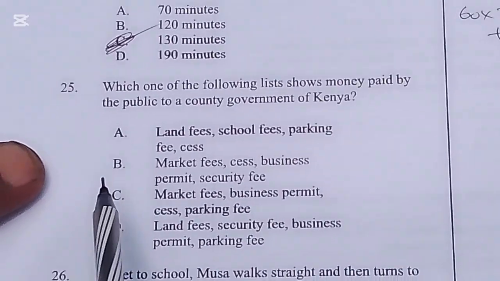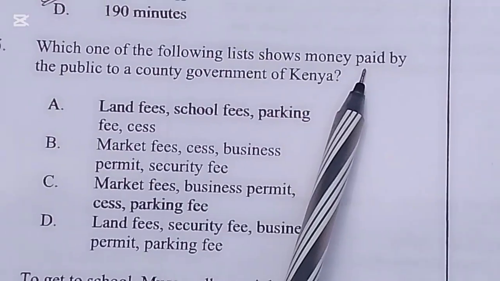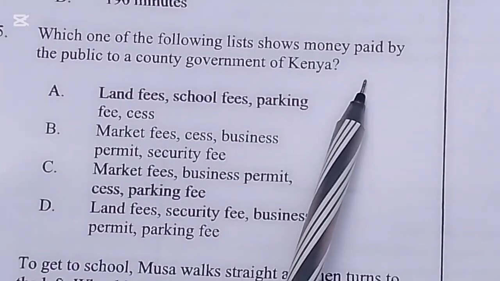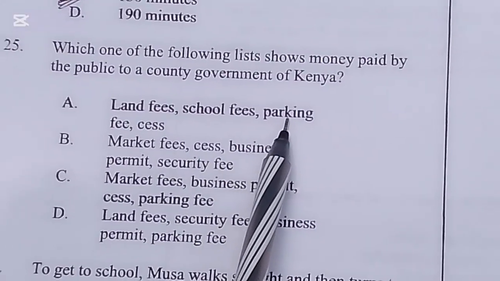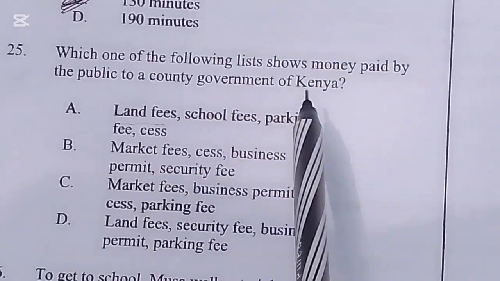Number 25. Which one of the following lists shows money paid by the public to the county government of Kenya? We have A, land fees, school fees, parking fee, and cess. This land fees is for the national government.